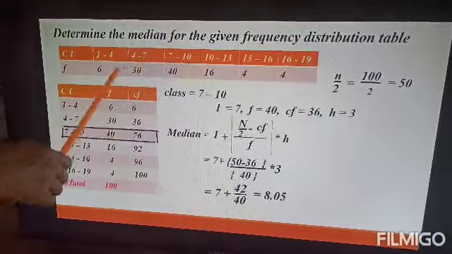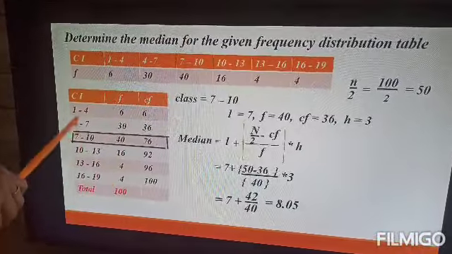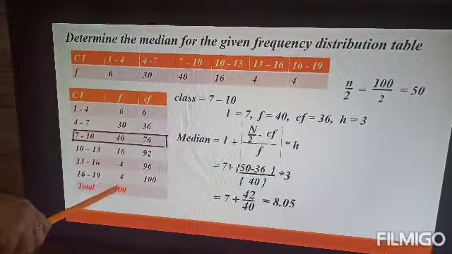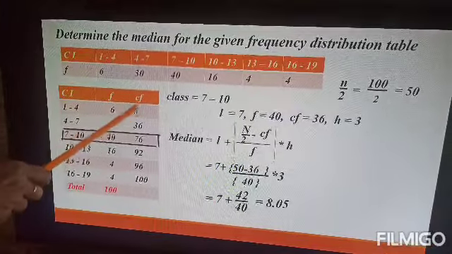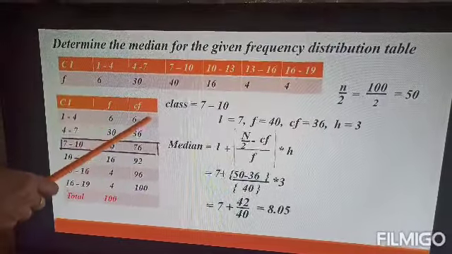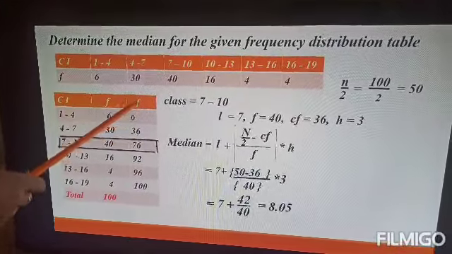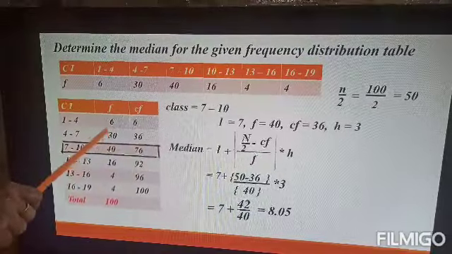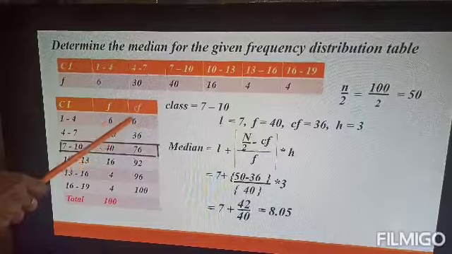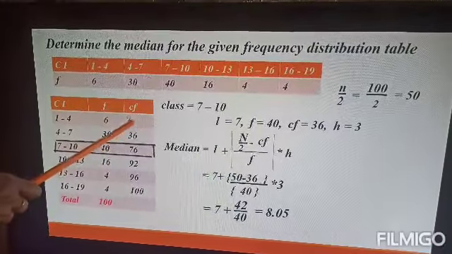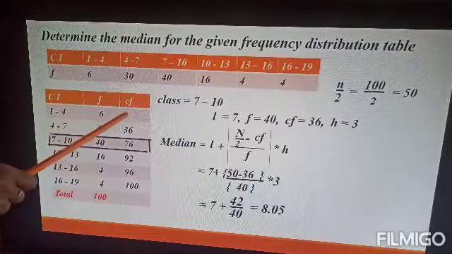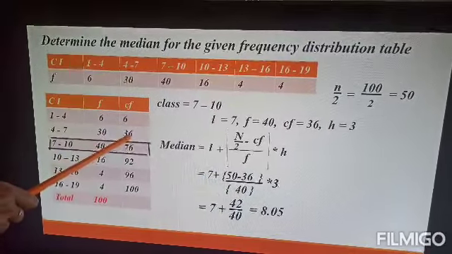From this question, we have to make a table. First class interval column, then frequencies column. Then we have to find the third column, cumulative frequencies, CF. This we have to calculate. First frequency, keep as it is. 6 is here, that as it is you write. Then 6 plus 30, 36.